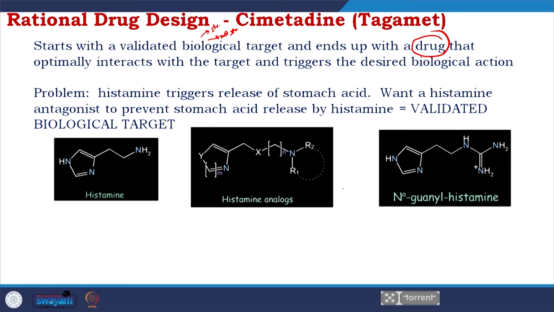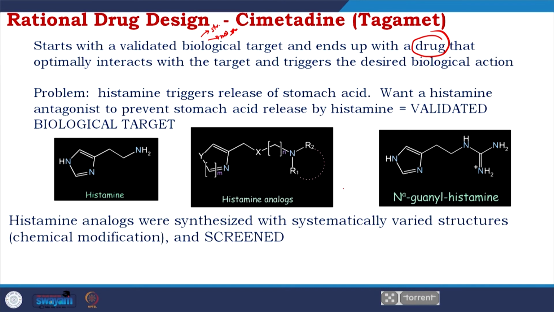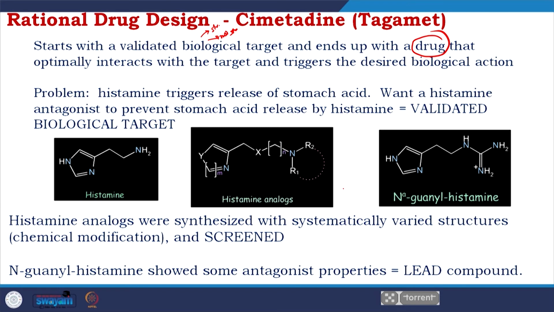Now, we get N alpha guanyl histamine, which is already a good analog with the desired biological effect. Histamine analogues were synthesized with systematically varied structure, the chemical modification, and then screened. Guanyl histamine showed some antagonist property and became the lead compound. So, this became the lead compound.